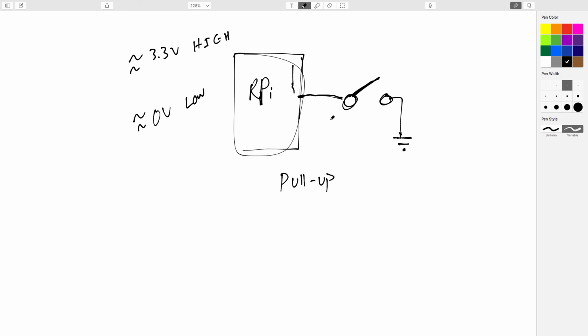The reason we actually need to do this pull-up thing, set a default value, is because if we don't, this switch right here, we have a wire coming off the Raspberry Pi and it's listening to an electrical signal. It goes to this switch part, and this doesn't connect anywhere. The other side of the switch goes to ground.